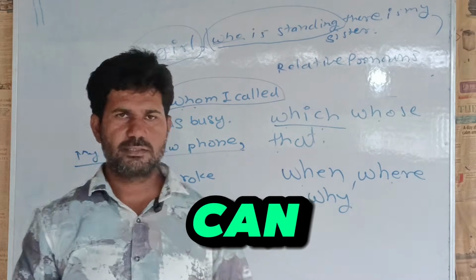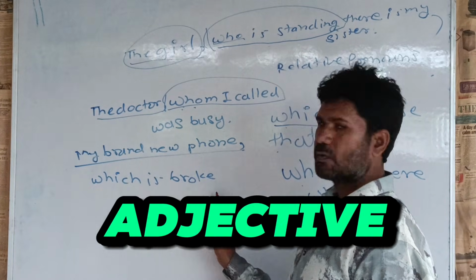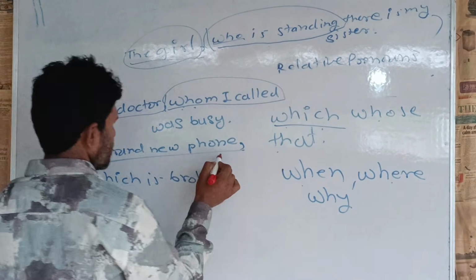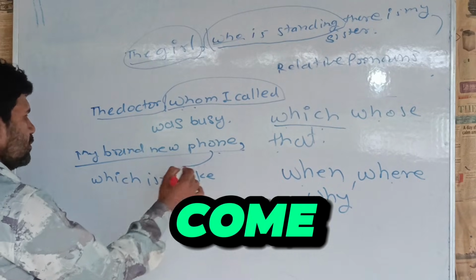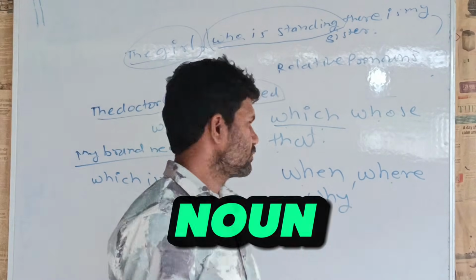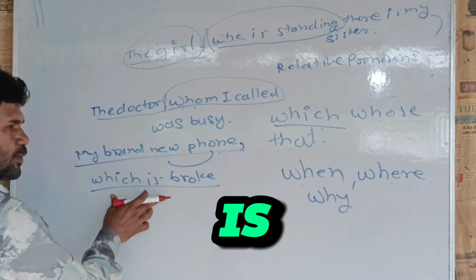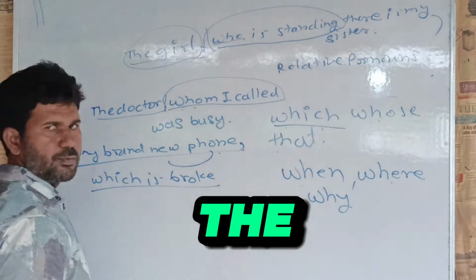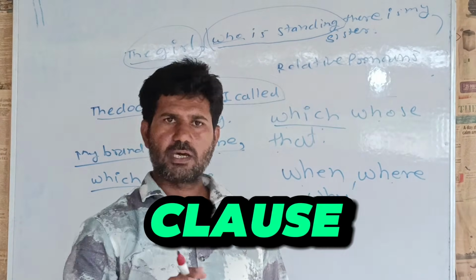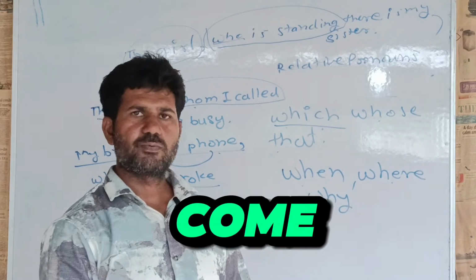In this sentence, we can see it contains an adjective as well as an adjective clause. Adjectives can come before a noun. An adjective clause always comes after the noun. Which is broke: the phone which is broke. It describes the noun phone. Remember, an adjective clause always comes after. An adjective can come before the noun.